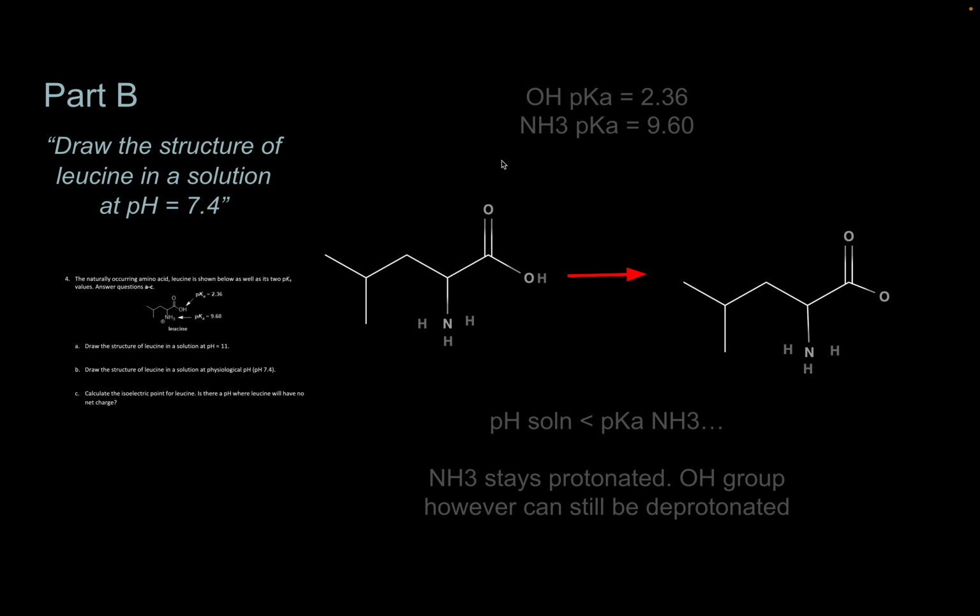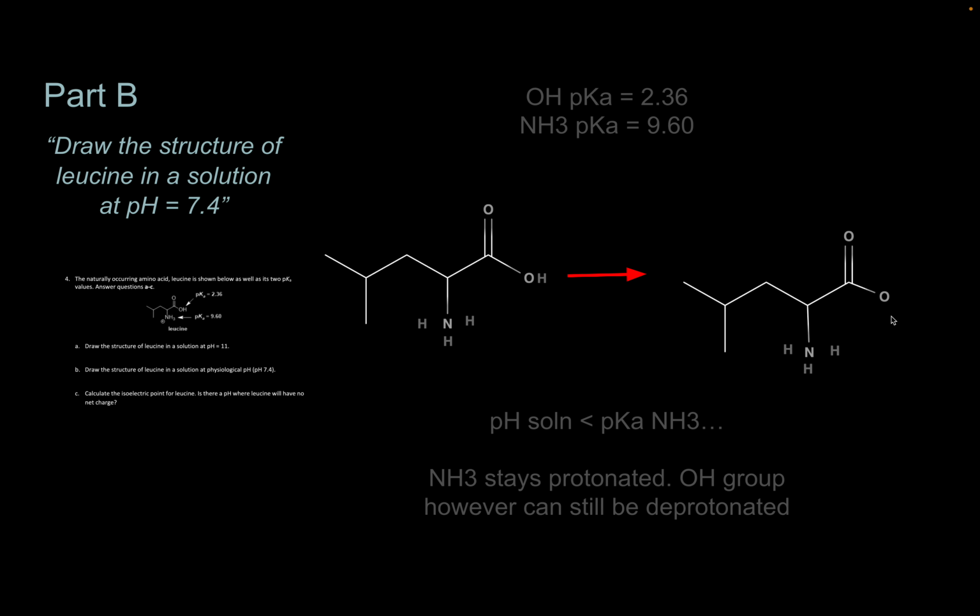When we look at the transformation here, we're only going to lose the proton on the OH group on the carboxylic acid. And why is this? Well, the pH of the solution is less than the pKa of NH3, meaning that this solution already has enough hydrogen ions donated, so NH3 isn't going to really want to add more to that.